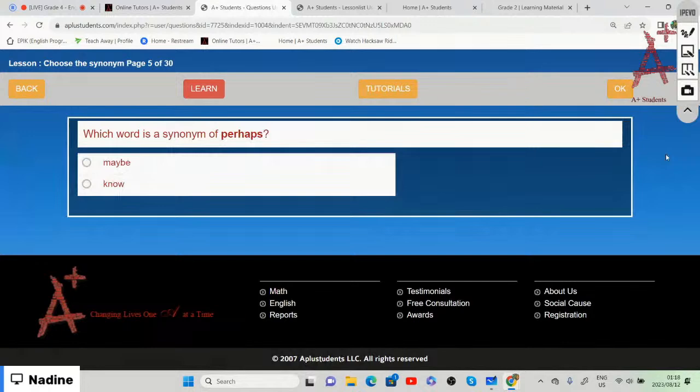If we were to choose the correct word between the two options, maybe or no, we will say maybe also expresses uncertainty, because maybe is not giving us a direct yes or direct no. It's not telling us directly what the person will do, because you don't know yet.